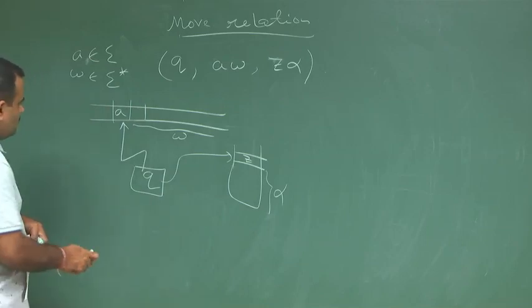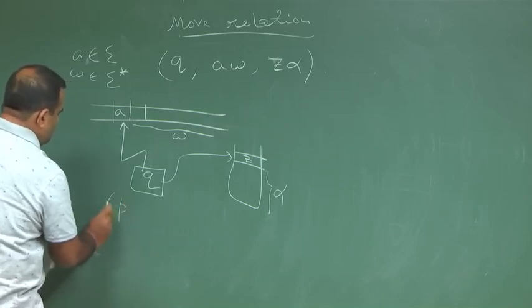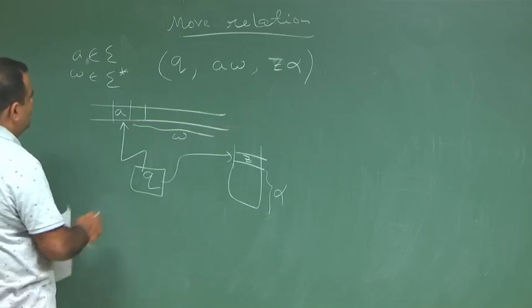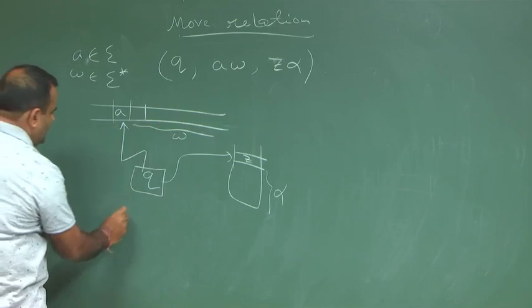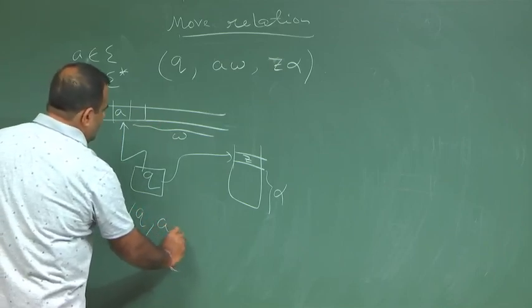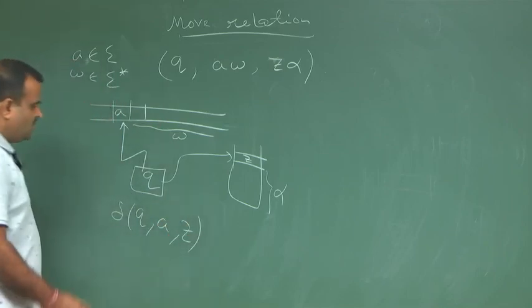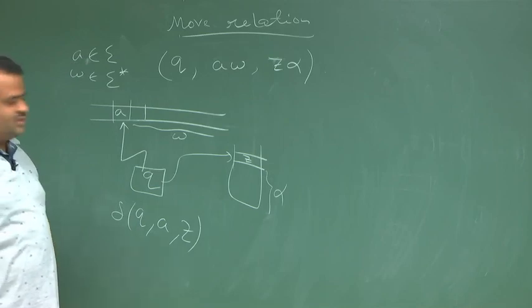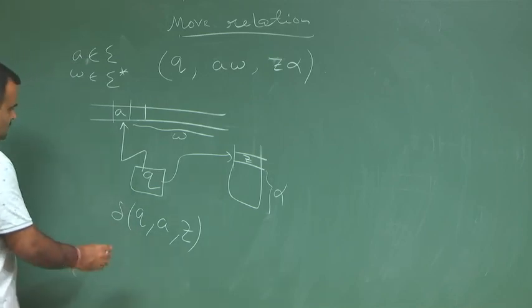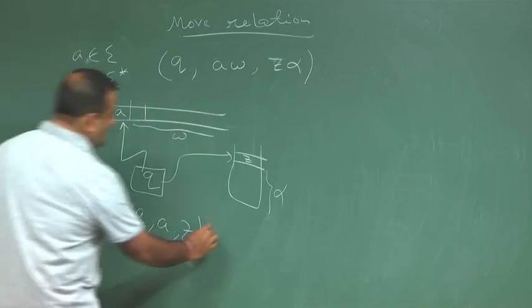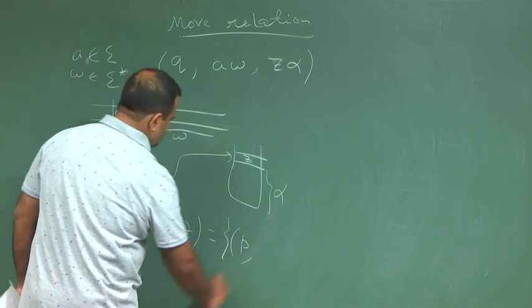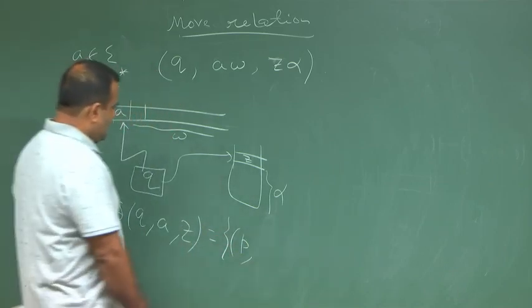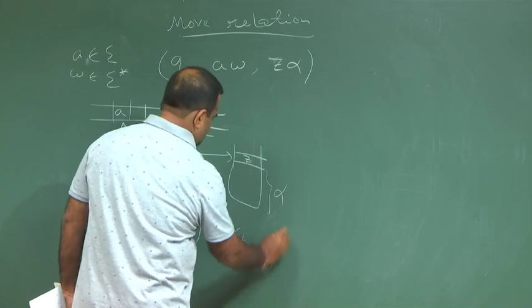Okay. Now, we need to take this delta move on this a. So, delta of q, a, Z. It may have many options, this is non-deterministic. Now, suppose it has this option (p, gamma), so q is going to p and this Z is replaced by gamma.